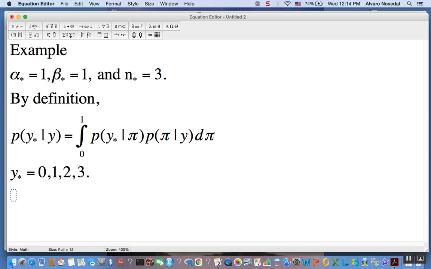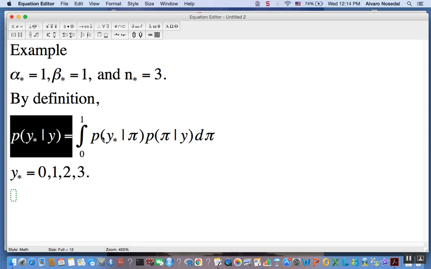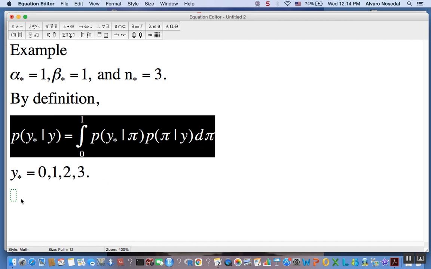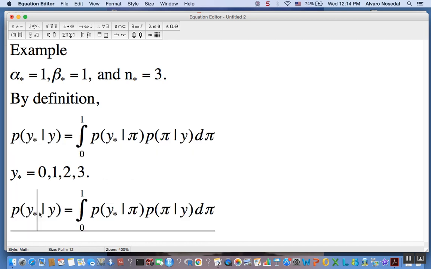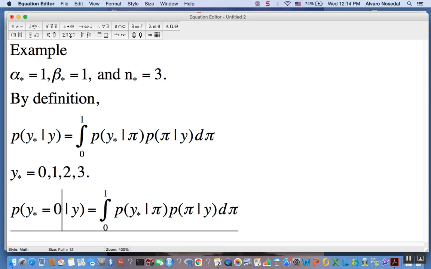So let's start with the first case. Y star equal to 0. So what's the probability of y star being equal to 0 given pi? Remember, we have a binomial likelihood. What's the probability of observing 0 successes? Oh, no problem.